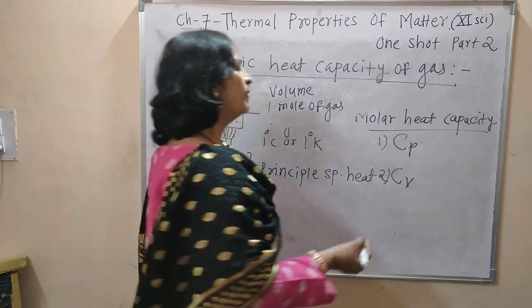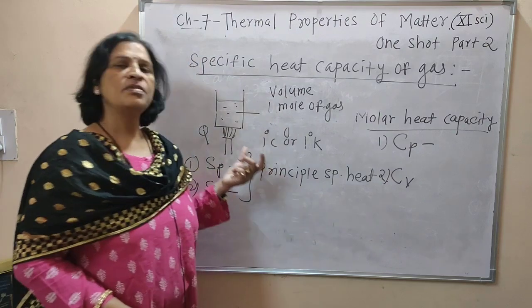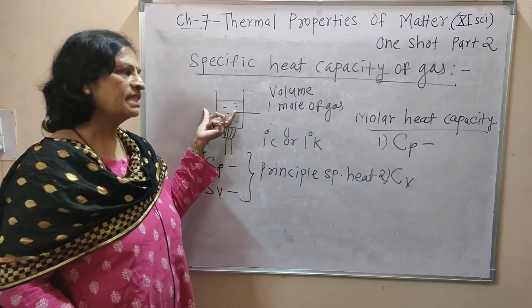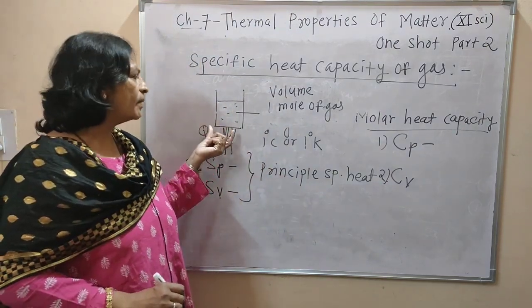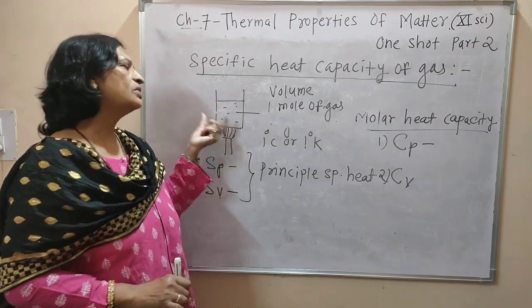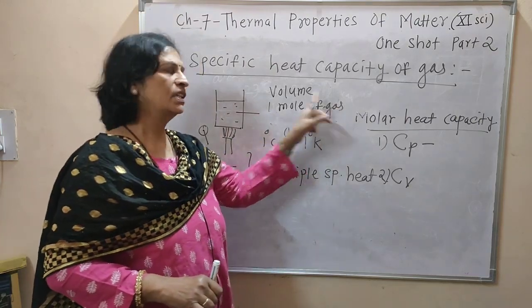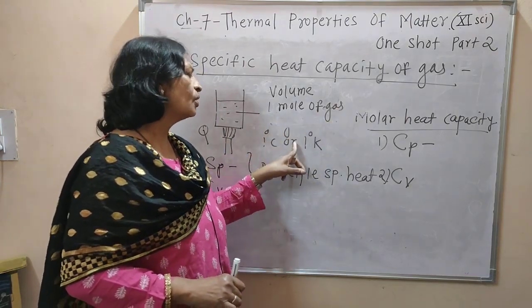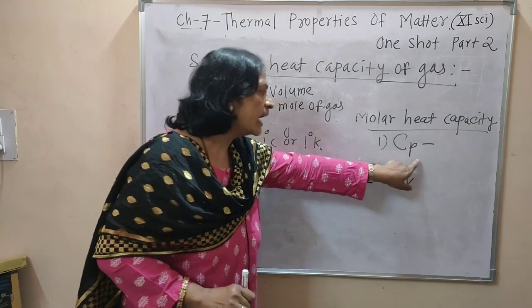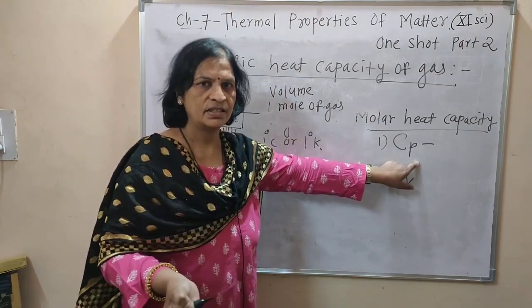Then we have to define molar heat capacity at constant pressure. Molar heat capacity is defined as the amount of heat or quantity of heat required to raise or fall the temperature of 1 mole of a gas through 1 degree Celsius or 1 degree Kelvin when its pressure is kept constant. Understood?